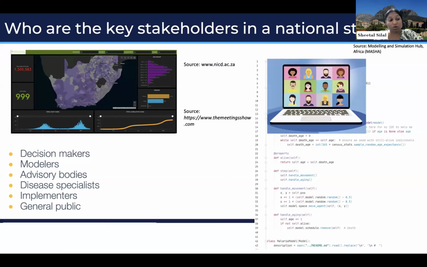The modelers are also, of course, key stakeholders in a national modeling study. Advisory bodies who advise your decision makers will be playing an invaluable role, as are disease specialists, implementers, and let's not forget the general public, who, as a chief stakeholder, will be receiving the outcomes of this analysis through implemented policy.